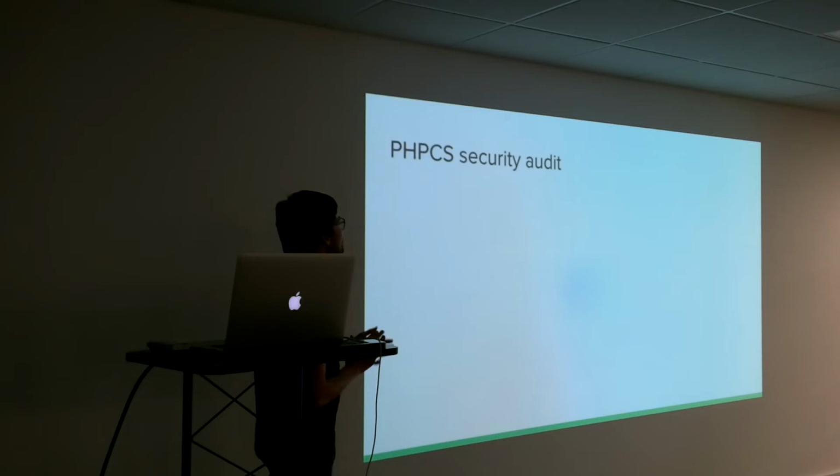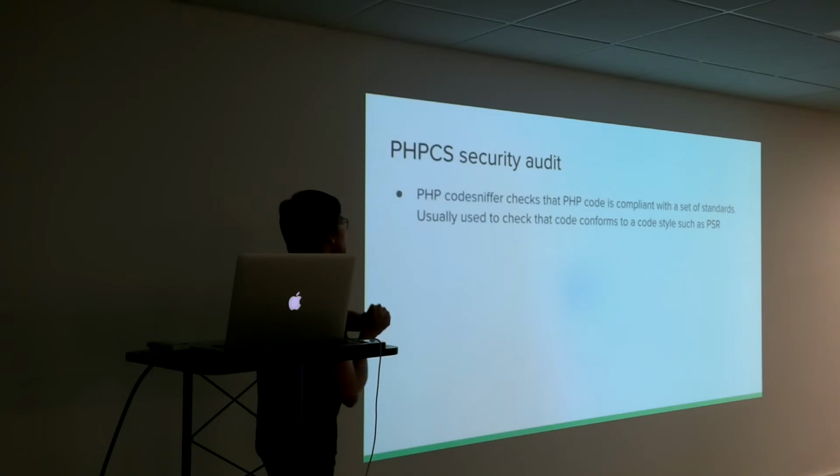So PHP Code Sniffer is a tool you can use to analyze your code for bad practices. And there's a library that's built on top of this that specifically tries to find security issues in your code. Normally PHP Code Sniffer looks for code style rules and analyzes those, but in this case it's looking for vulnerabilities.